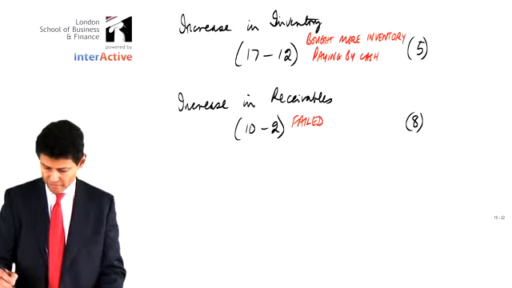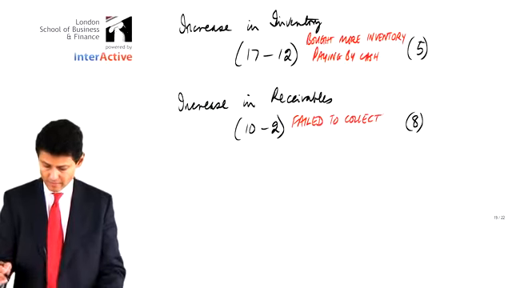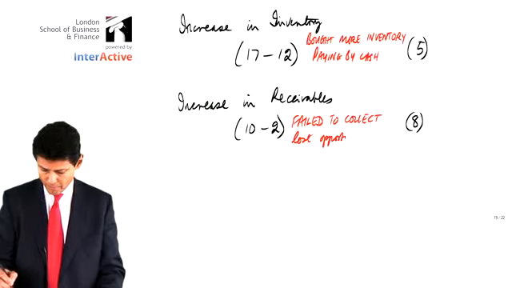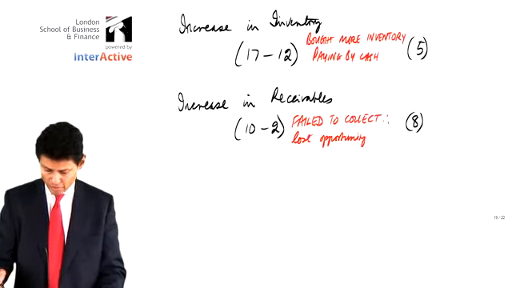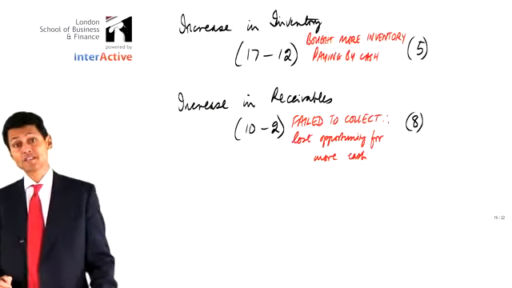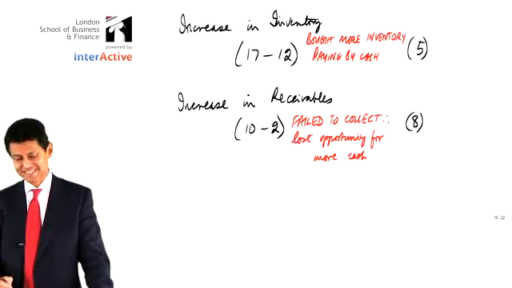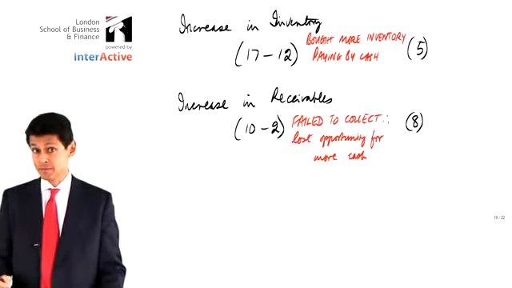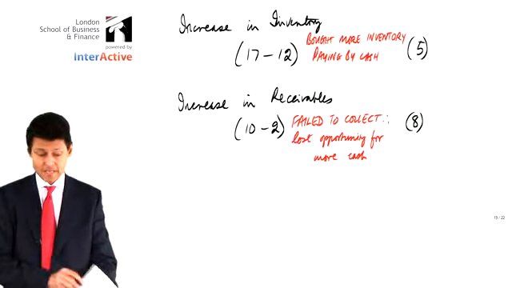We, Radiance, failed to collect, lost the opportunity, therefore lost the opportunity to get more cash, something like that. Okay, so these are just some words in class I'm using to explain to you how it all works, in case you're asked to write about it, of course, to see whether I can deepen your understanding.